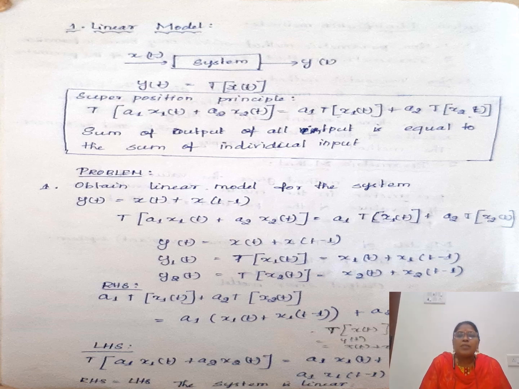The superposition principle is nothing but the sum of the outputs of all the inputs being equal to the sum of the outputs of the individual inputs. We find the outputs of the individual inputs and take the sum, which is equal to the overall output. So this we call the linear model.